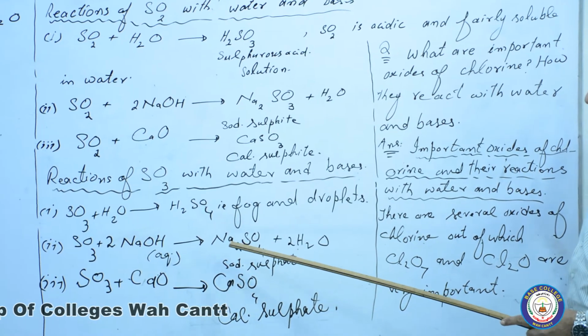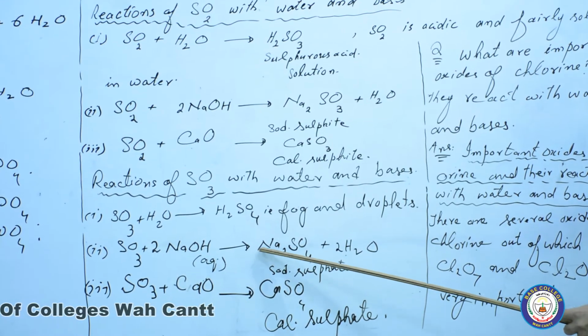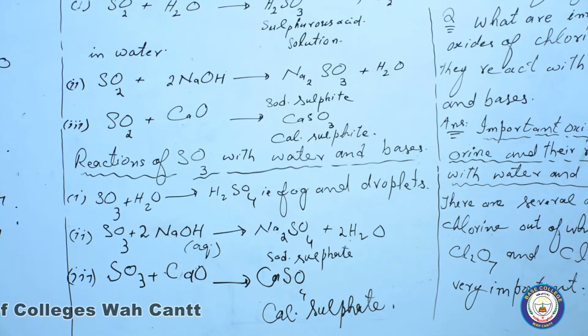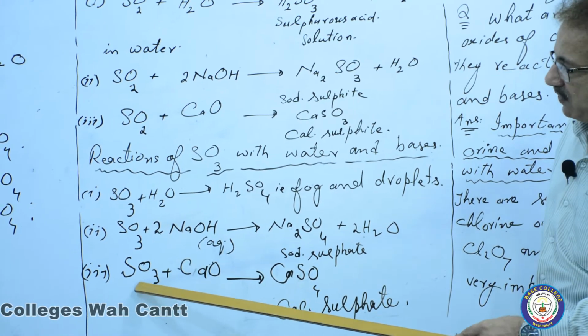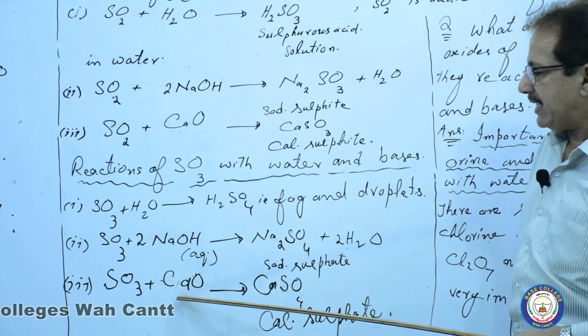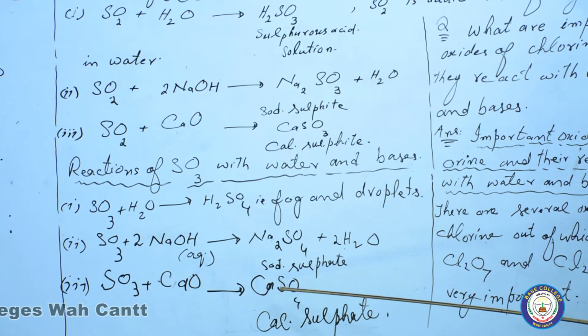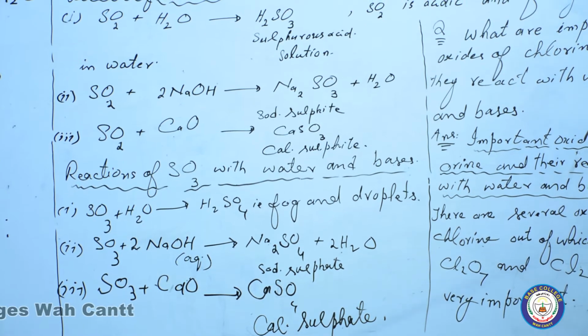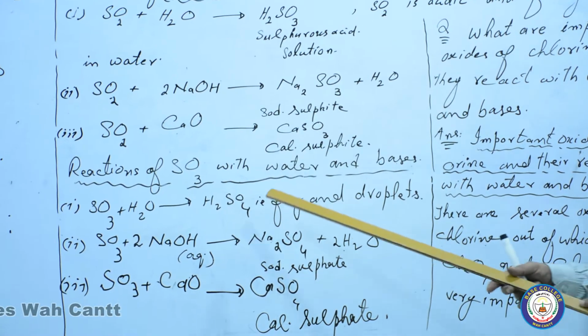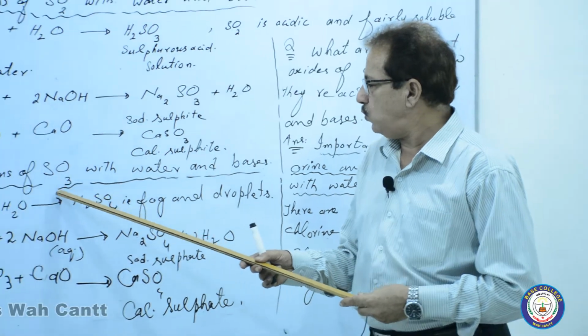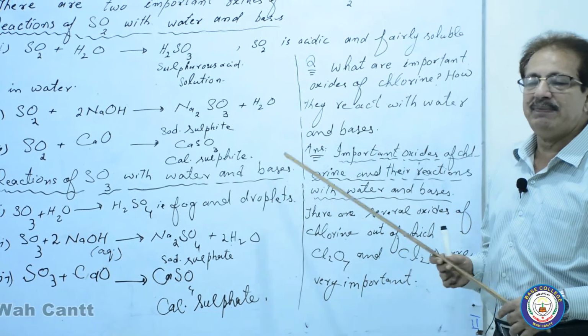You should remember the name of this compound, sodium sulfate. The third reaction of SO3 is with calcium oxide, which gives calcium sulfate, CaSO4. So these are the reactions of the sulfur oxides with water and bases.